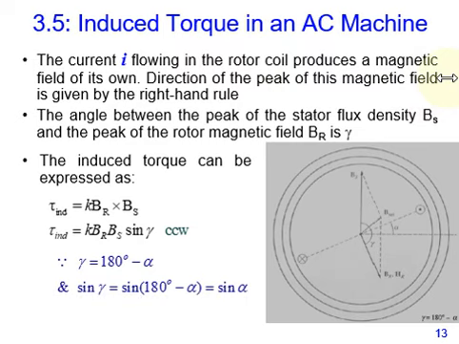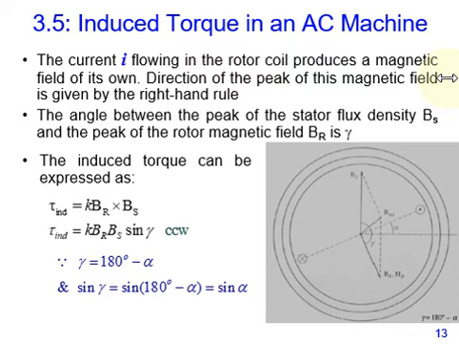But we know, as we already discussed in a previous lecture, that sine of theta 1 is equal to sine of 180 degrees minus theta 2.